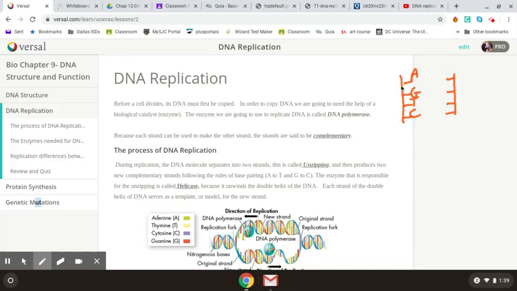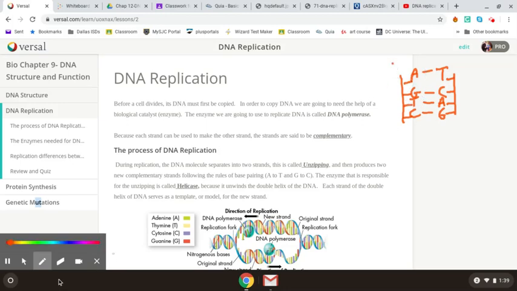We also know that these bases like to bond to certain other bases: A to T, G to C, T to A, C to G. We call these base pairs, if you remember from the last lesson. We call these complementary strands.